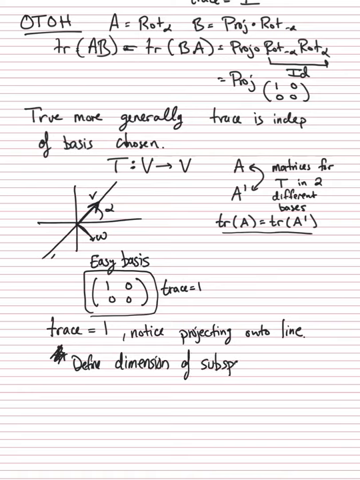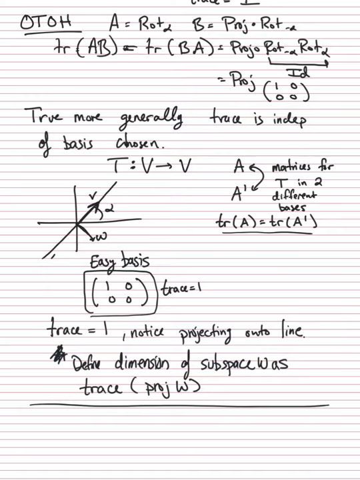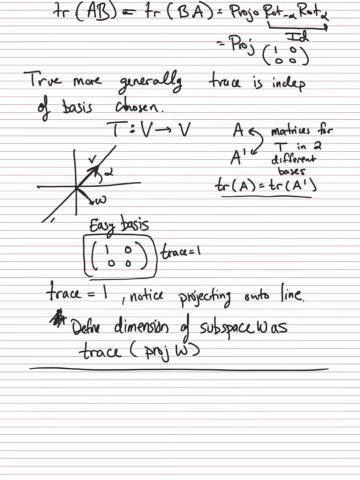Usually we think of dimension as the number of vectors in a basis. Here you can do it without a basis, which is kind of nice, as just the trace of the orthogonal projection onto W. Okay, so this is just a little note. We haven't really shown all this, or really, I haven't defined orthogonal projection precisely.